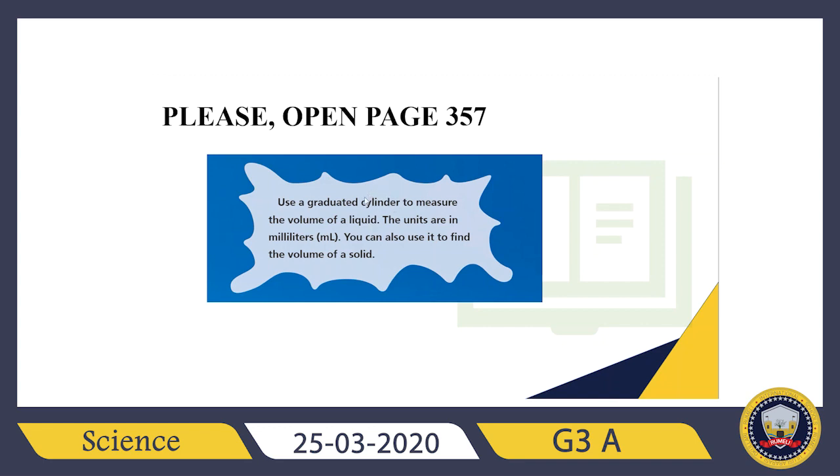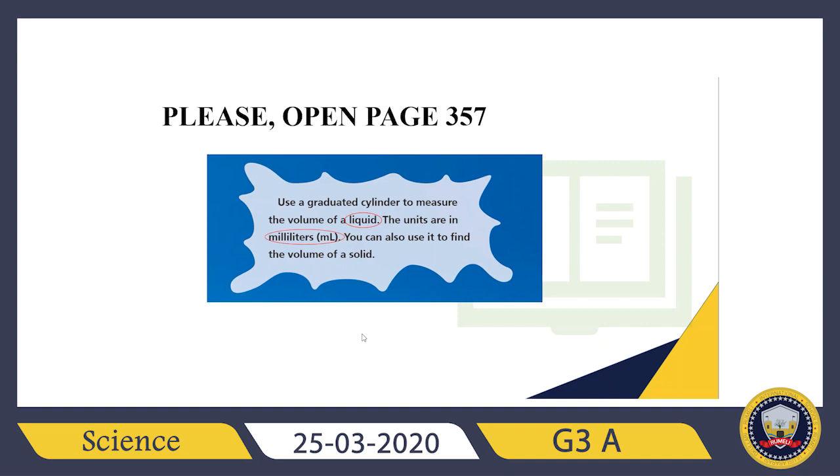So, what is my unit for liquids? This time, the unit is milliliters, right? In the solid ones, I used feet, centimeters, cubic centimeters, cubic feet, cubic meters. But this time, as the unit, I need to use milliliters.